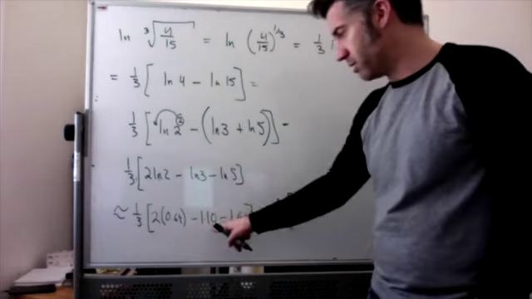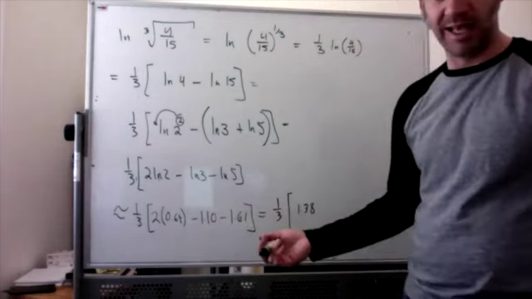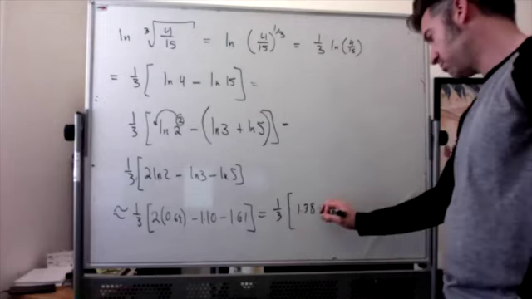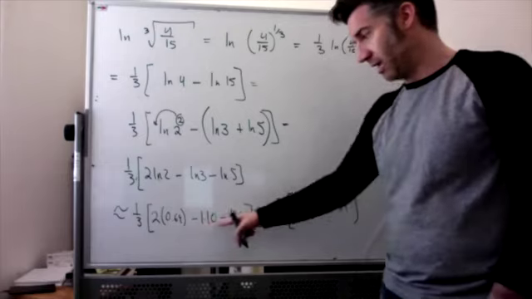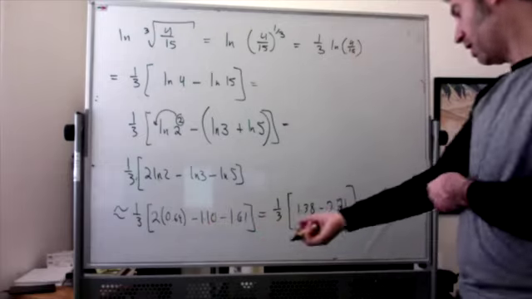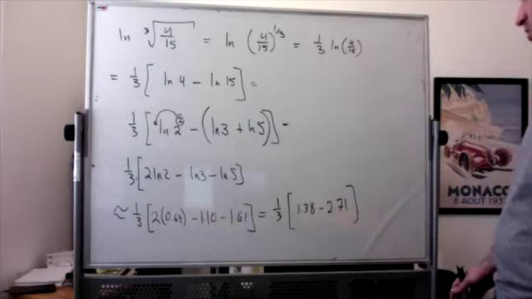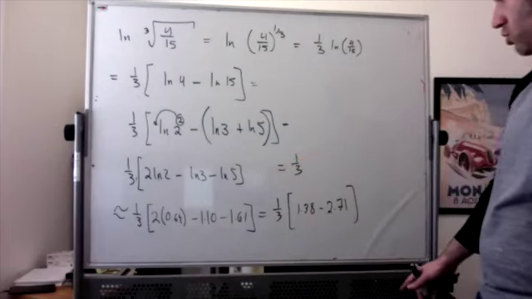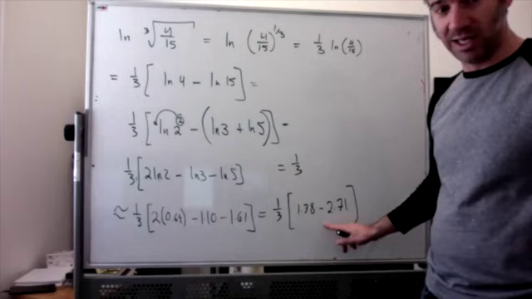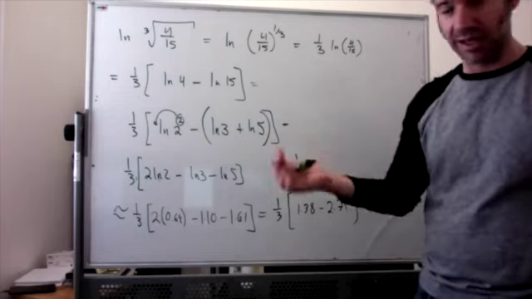And negative 1.10 minus 1.61 is negative 2.71. When you have a negative number minus a number, it gets more negative. And then 1.38 minus 2.71 is going to be, let's see, so what I'm really doing is 2.71 minus 1.38 and then making it negative.